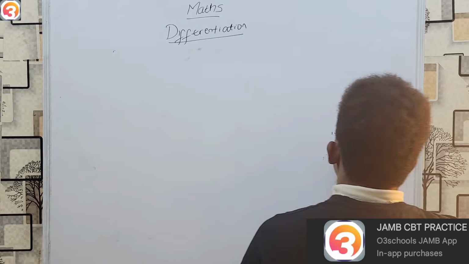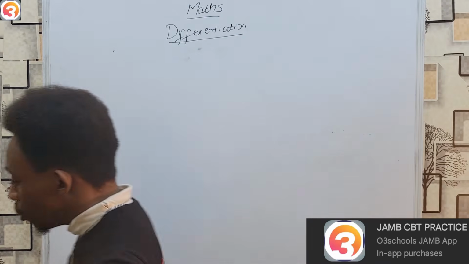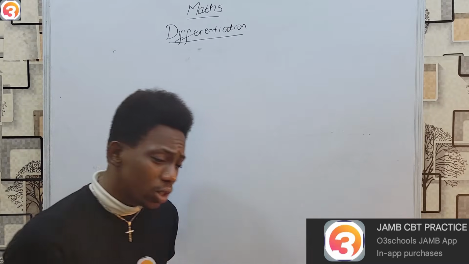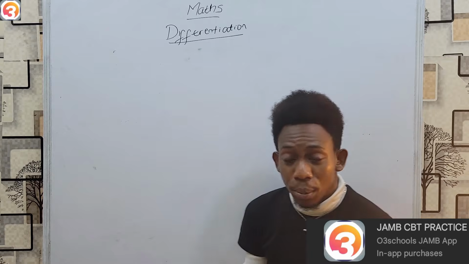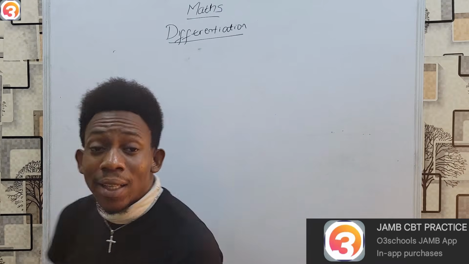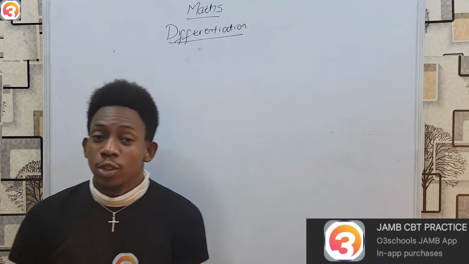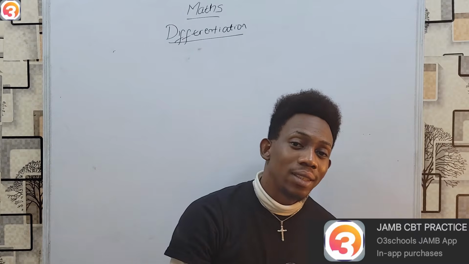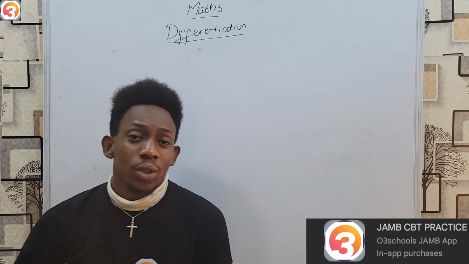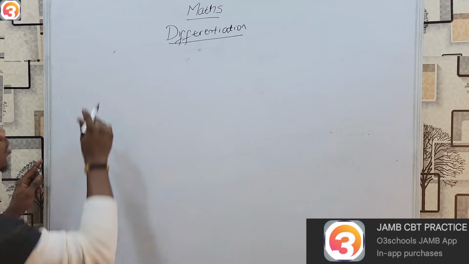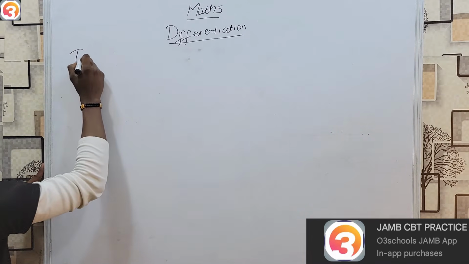The first-principle method is quite long and cumbersome, so for most exam purposes, especially in OBJ, we use a standard table of derivatives, which tells us that when you see something like this, you must differentiate in a certain manner.